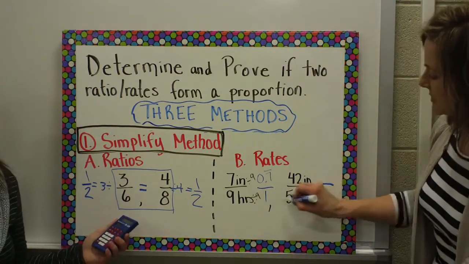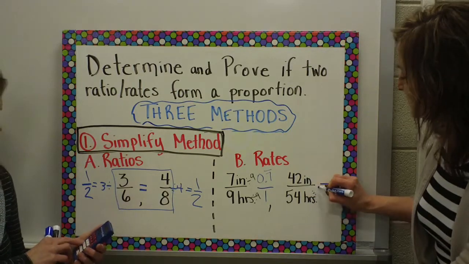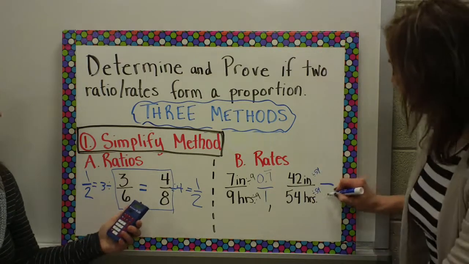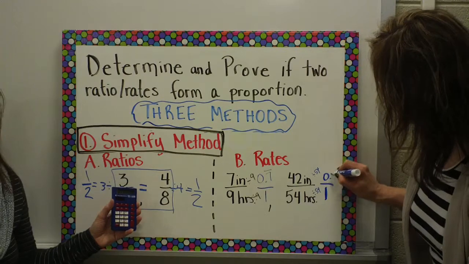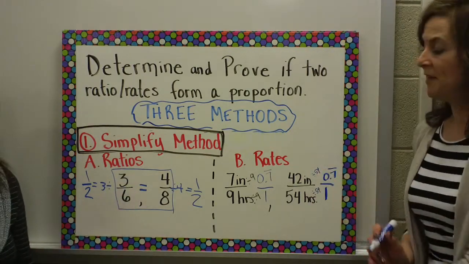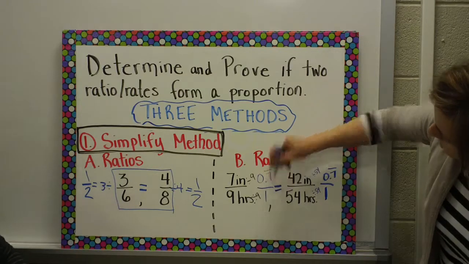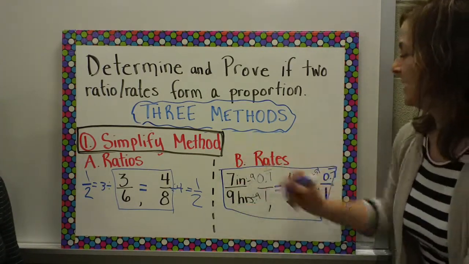So here, our denominator is 54. Remember, for a rate, we have to do the same thing, dividing both by 54 to find the unit rate. My numerator, and this one also is 0.7 repeating. So what that shows me is that because these are the same, these 2 rates are proportionate. They form a proportion.